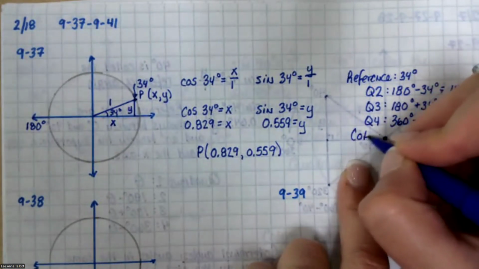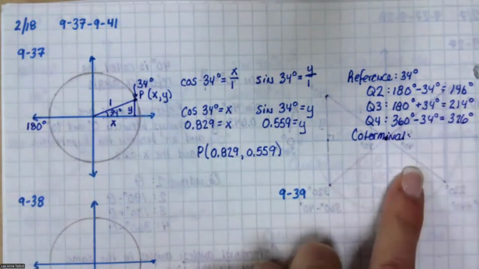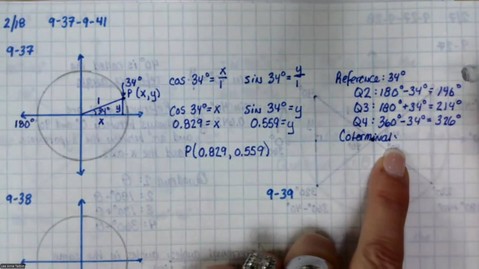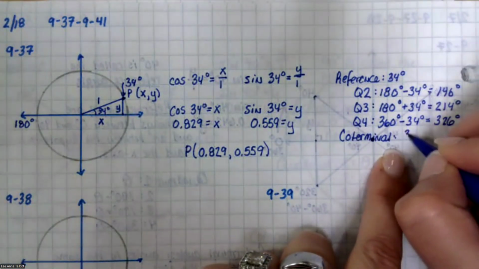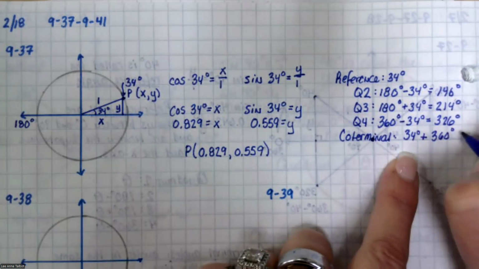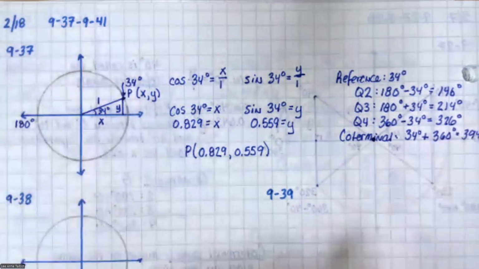Okay, last question for this. What is a coterminal angle to 34 degrees? Yes. 394. Great job. Okay, so there's your last week review.